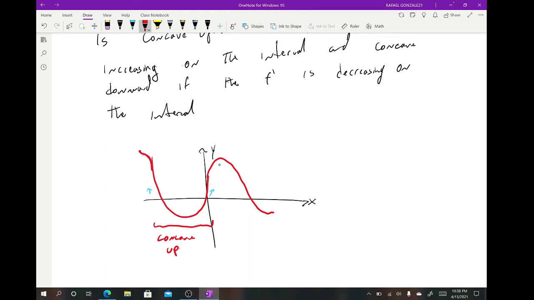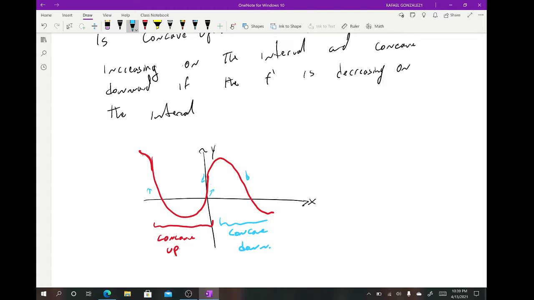Anyway, on this interval, which I'll put in blue, from this side, notice that the endpoints are now going down. So this is concave down. Okay.